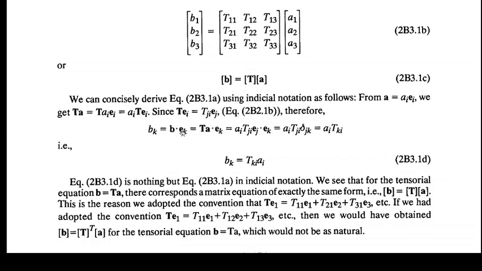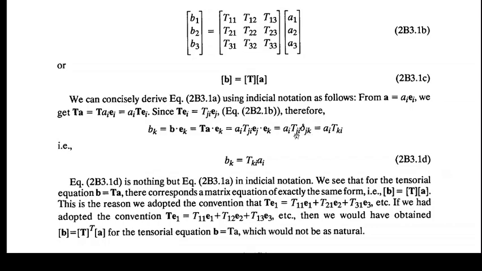So B will be TA dot ek, and TA will be equal to this Ai, and instead of this T ei we have Tji ej dot ek. Now, these are scalar components, so dot will be ej dot ek. So you have only ej dot ek. Now ej dot ek is equal to delta jk, if you remember.